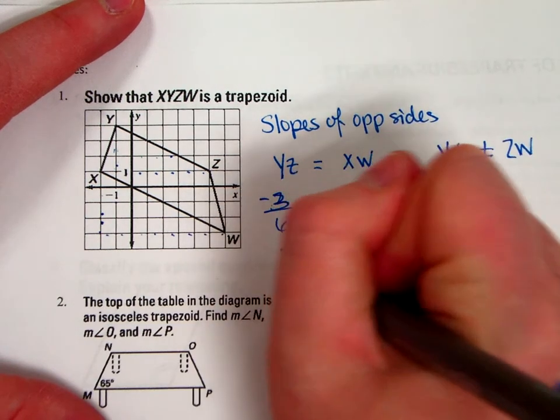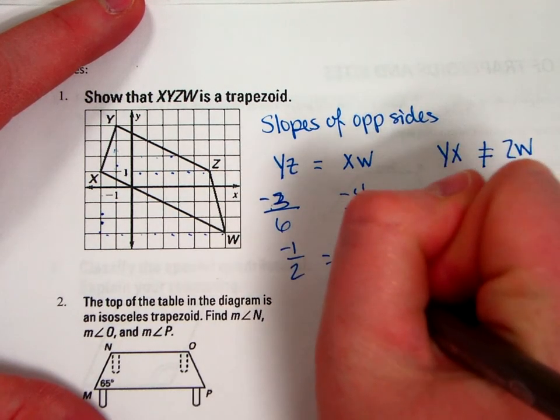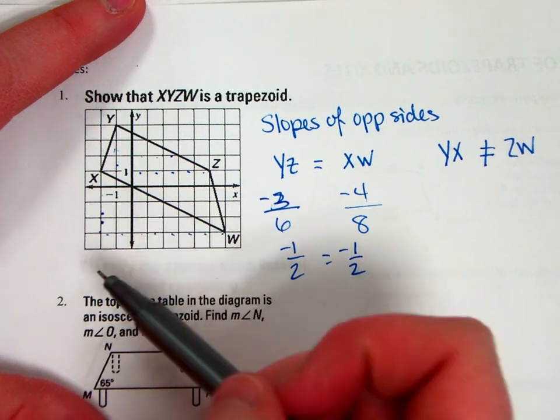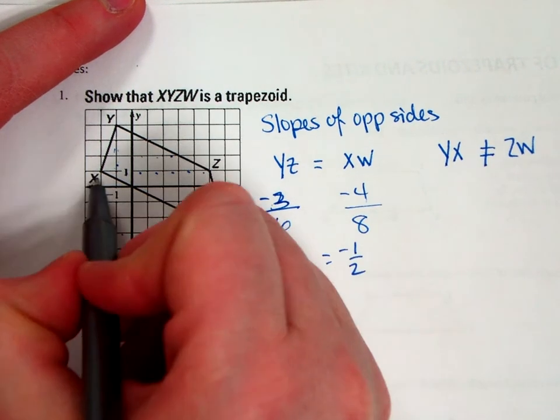These both equal 1/2, so their slopes are the same. Take it back, -1/2.